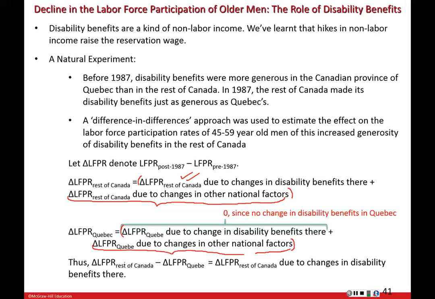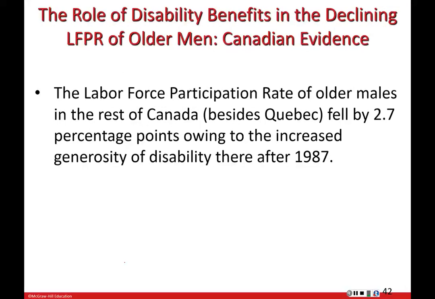So what's the finding of this study? The finding is that the labor force participation rate of older males in the rest of Canada fell by 2.7 percentage points due to the increased generosity of disability benefits there after 1987. So this, in a sense, proves that making disability benefits more generous reduces labor force participation of older males.